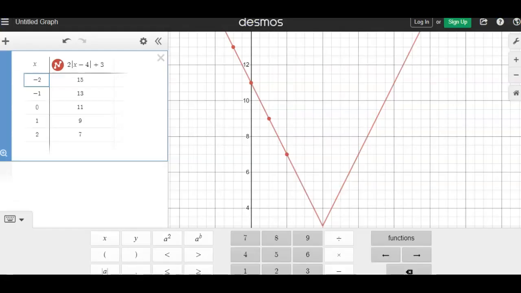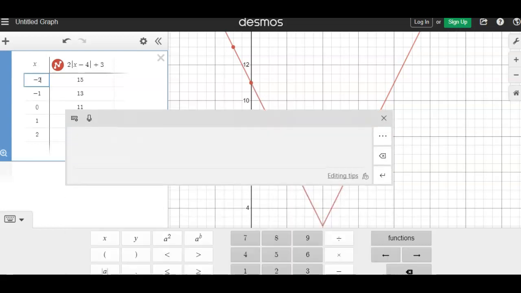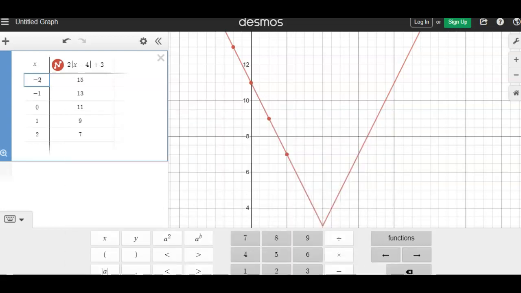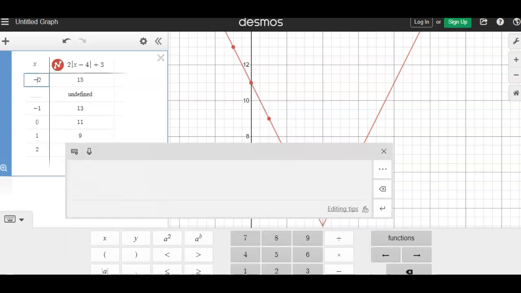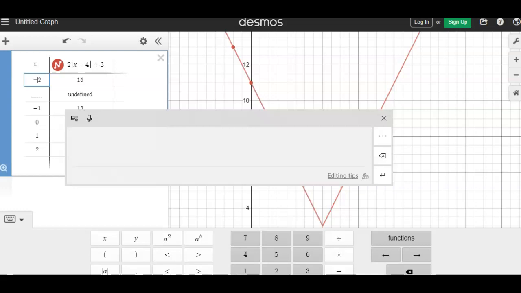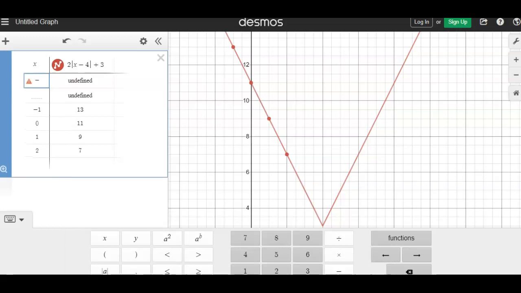So I go back to my table here, and I want this table to count here by 2s.